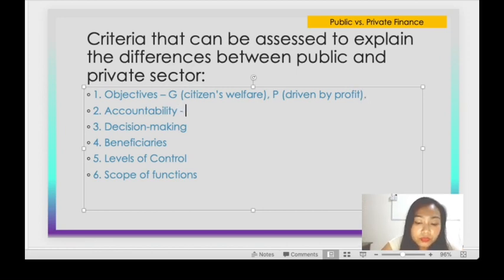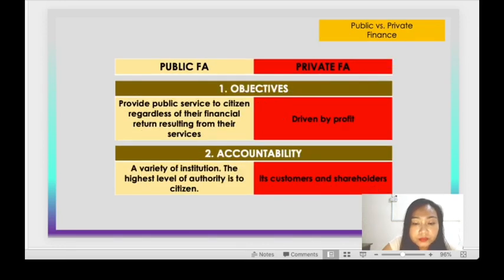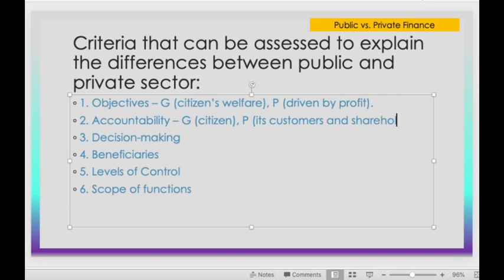For government, the highest level of authority is in citizens' hands. For private, it is shareholders. For decision making, government is based on politicians. Meanwhile, for private, it is based on the marketplace, the demand of the market.